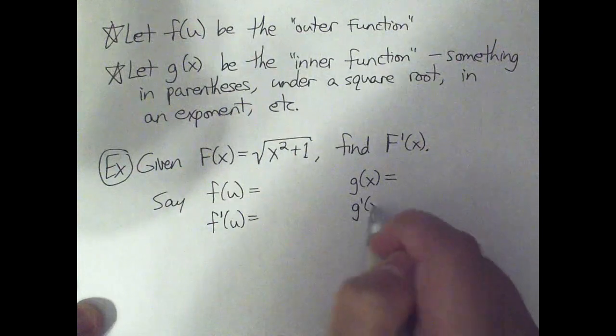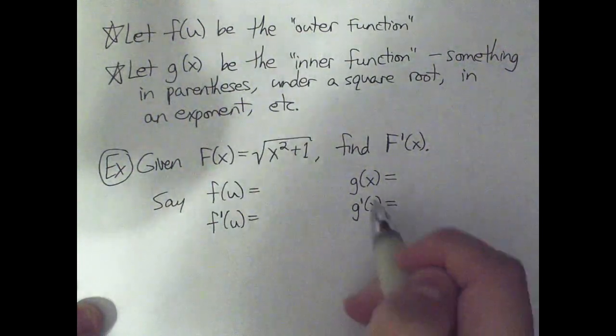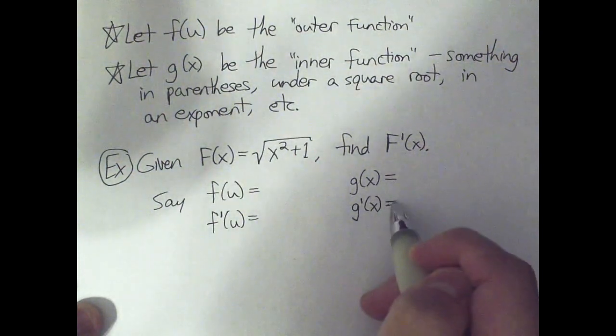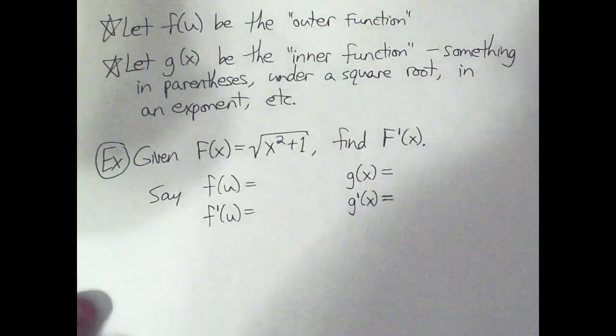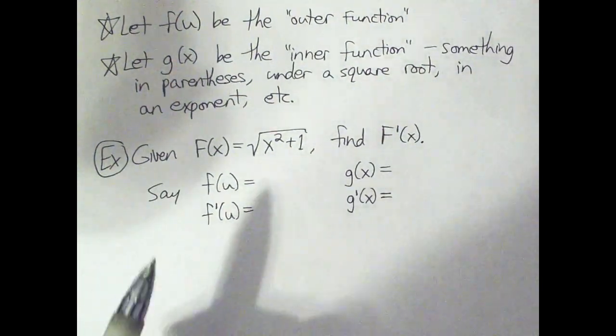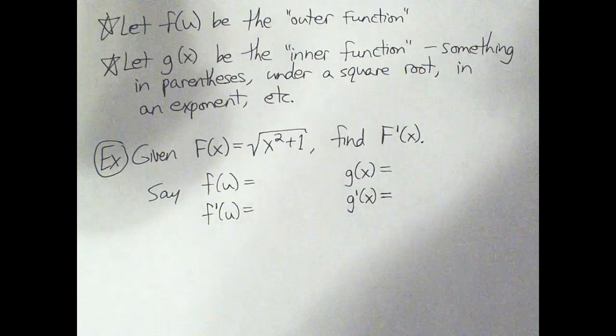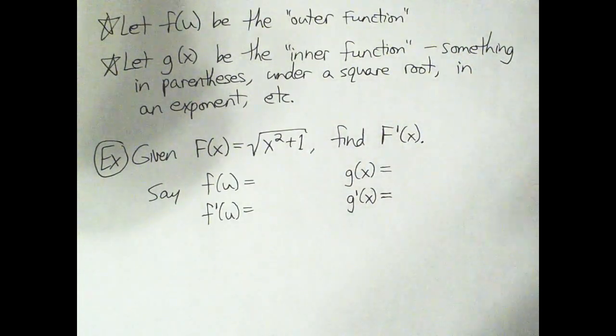Aren't these the 4 pieces that we need? So you could do this as a template for chain rule problems. Once you've identified that it's a chain rule problem, you could say, I'm going to need these 4 things in order to use the chain rule formula. All right, so think of setting it up like that.